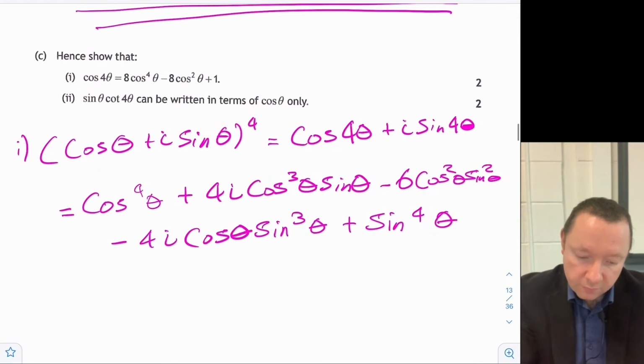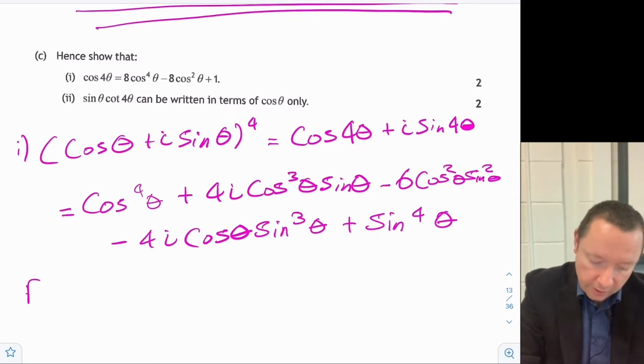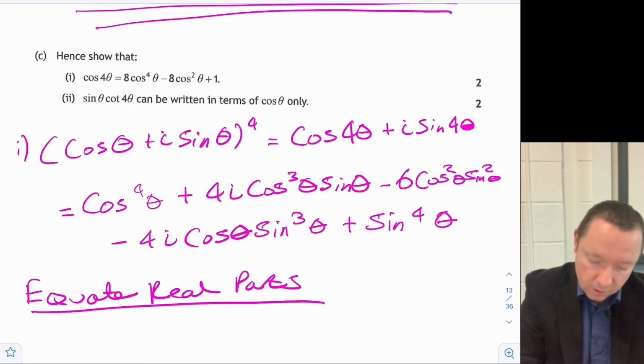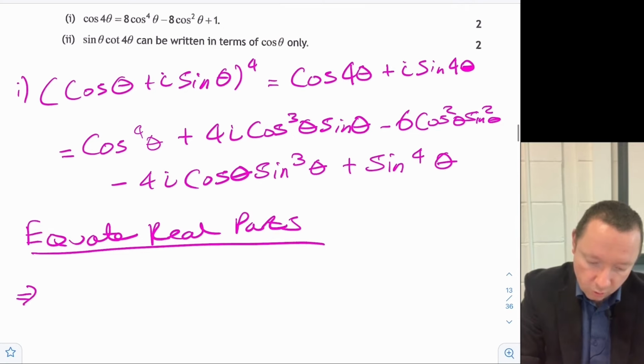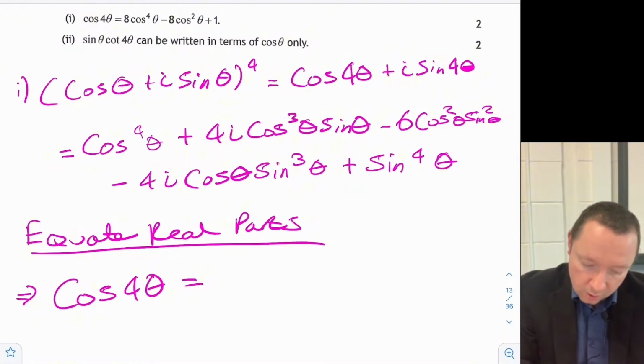So we can see that this is made up of a real part and an imaginary part. So if we just equate the real parts, we'll end up with cos 4 theta. So cos 4 theta equals cos to the power of 4 theta. Second term's imaginary. Minus 6 cos squared theta sin squared theta.